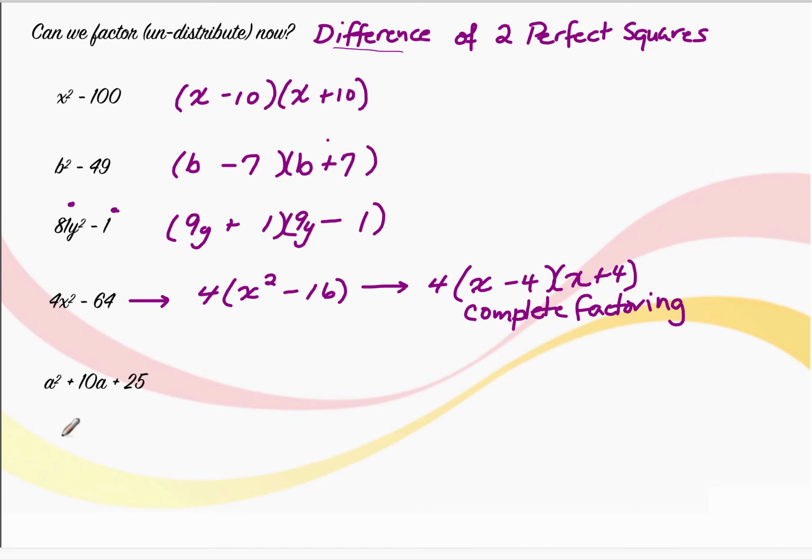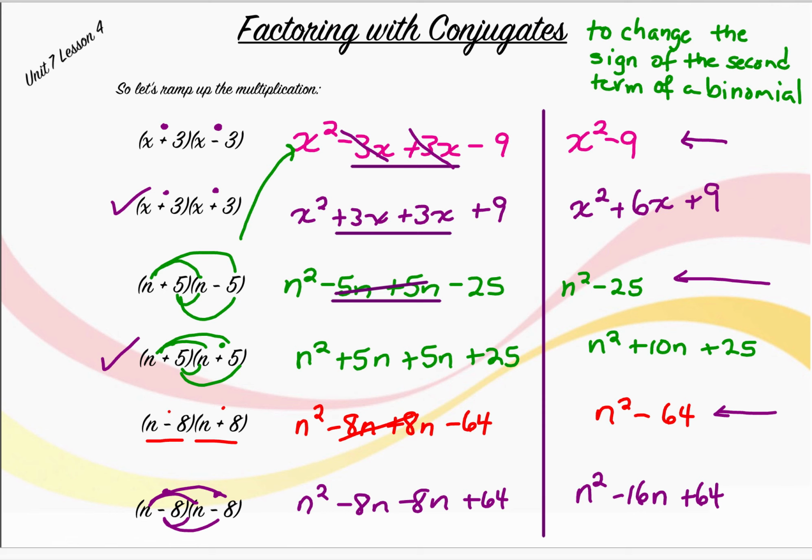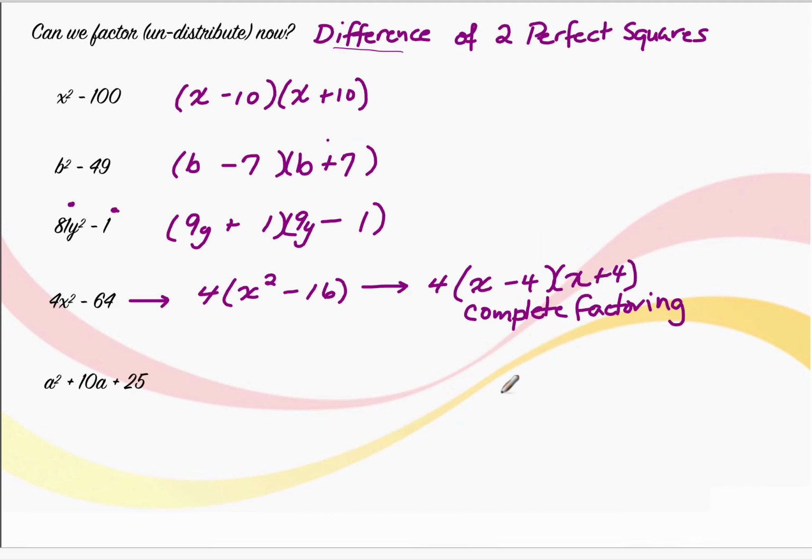Now this one right here, this is not a difference of two perfect squares, but it is something we saw on the first page. We did see that when we multiplied two binomials together that were exactly the same, we got a middle term. So here, we look at this and we know, well, it's two binomials multiplied together.